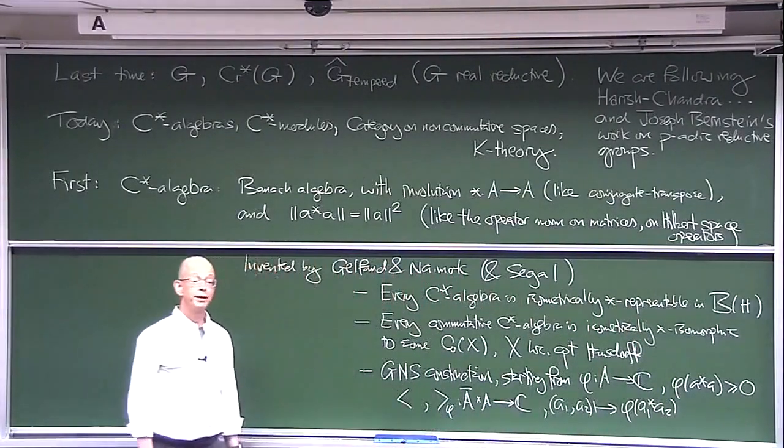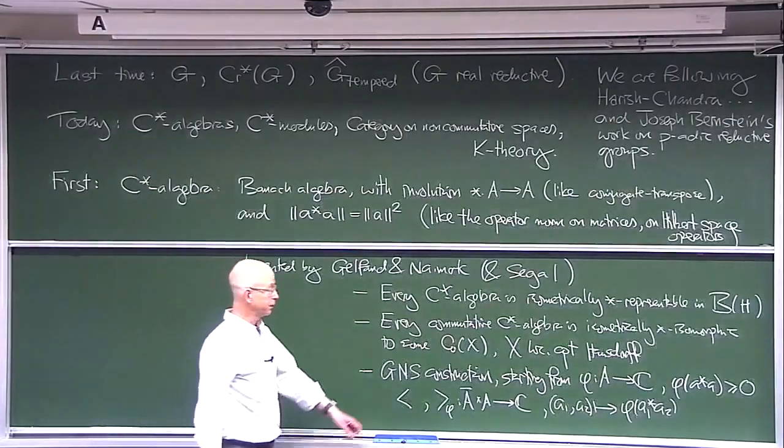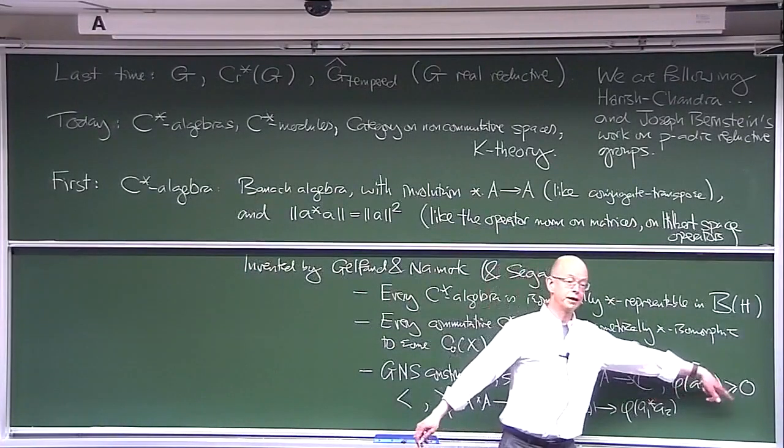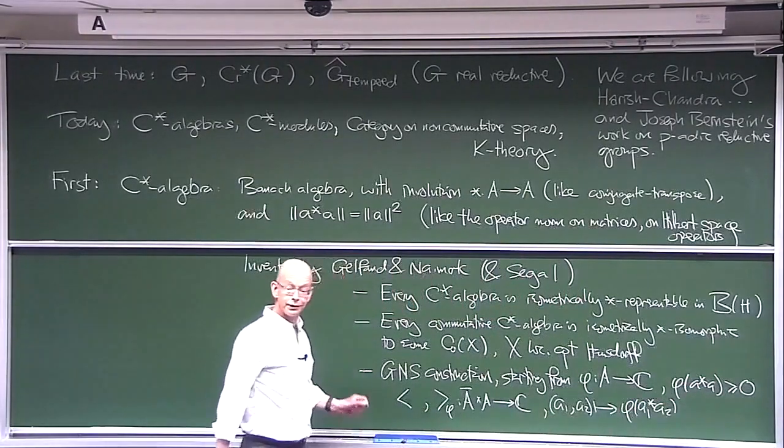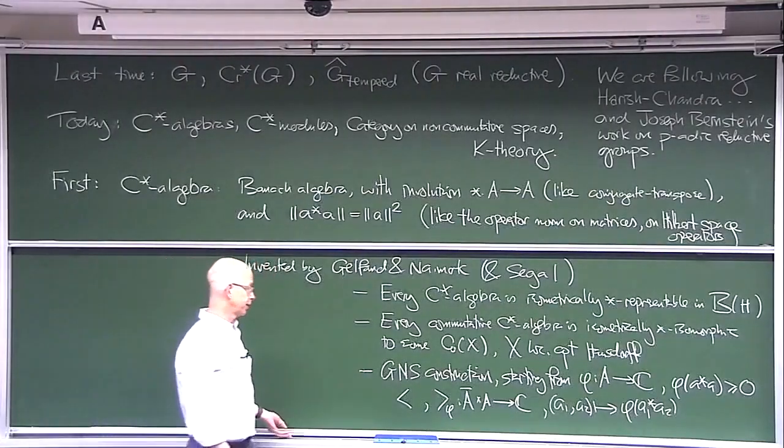It's like a Hilbert space inner product, except that this number is only bigger than or equal to 0. It's not necessarily positive if A is non-zero. So it's almost like an inner product, except there could be some vectors of length 0.